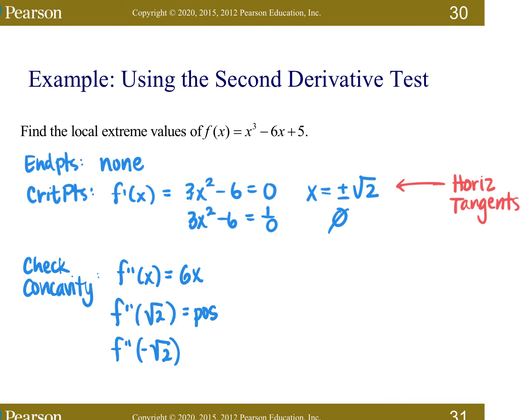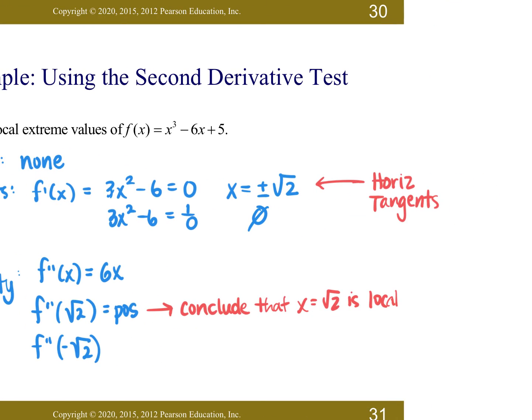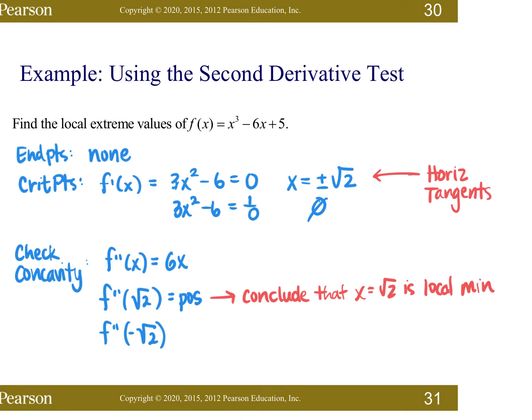So it has to be a minimum. Okay, so that's our conclusion: x equals root 2 is a local min. How do I know it's not an absolute? Because I know what a cubic looks like, and I know that cubics go on forever.